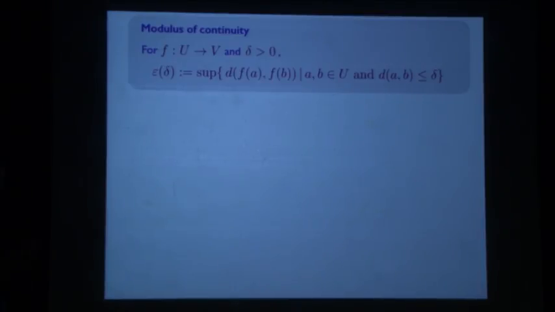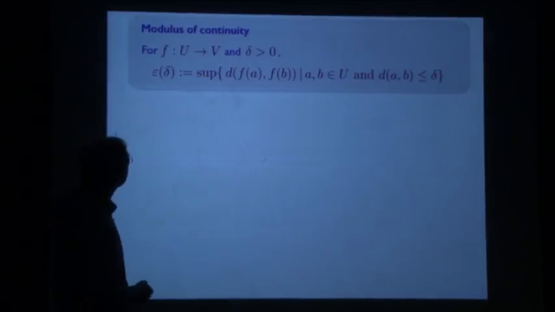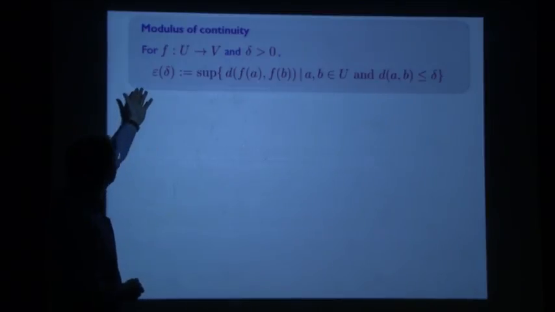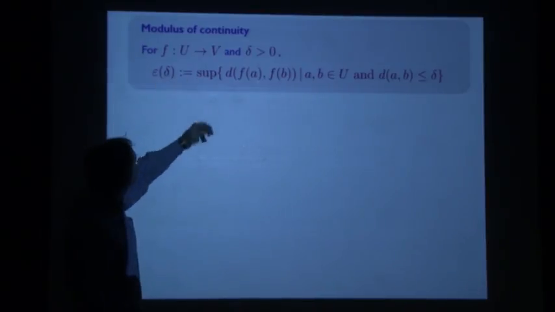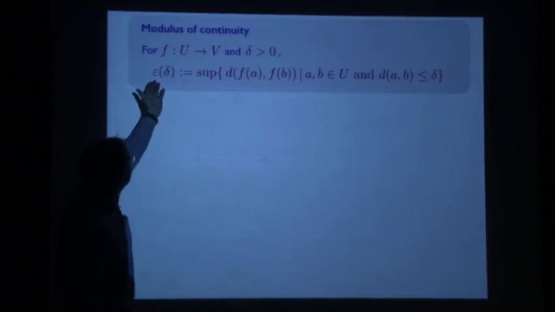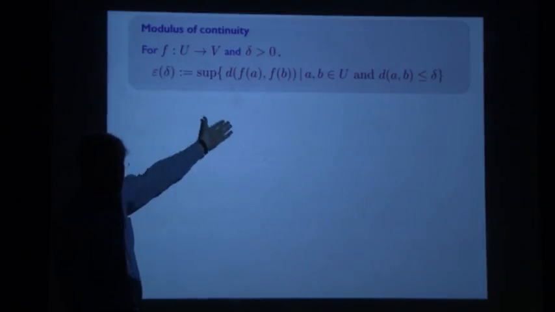It shows up in strange metric properties of the Cannon-Thurston map. You see it in the modulus of continuity of the map. If you've got a map f between metric spaces U to V, this is the modulus of continuity. It compares epsilon and delta in the definition of continuity.